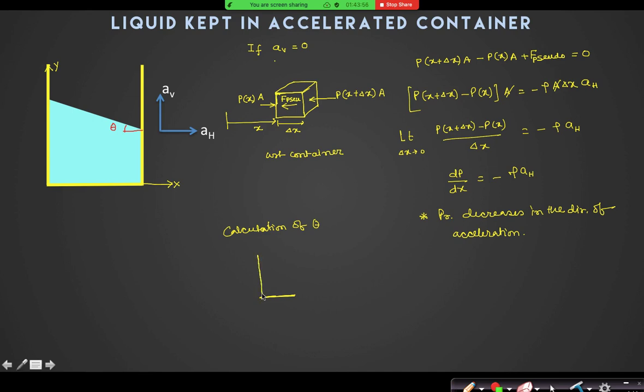Sir, we know dP by dx and we know dP by dy, so we could divide them to get the slope. dy by dx, yes, also you can say that.